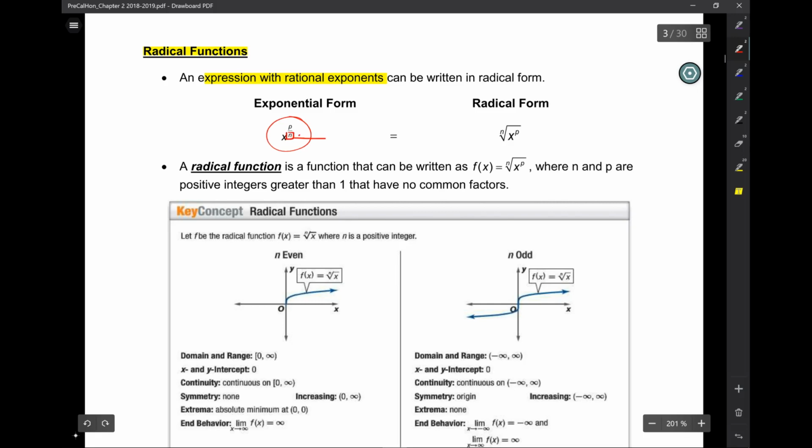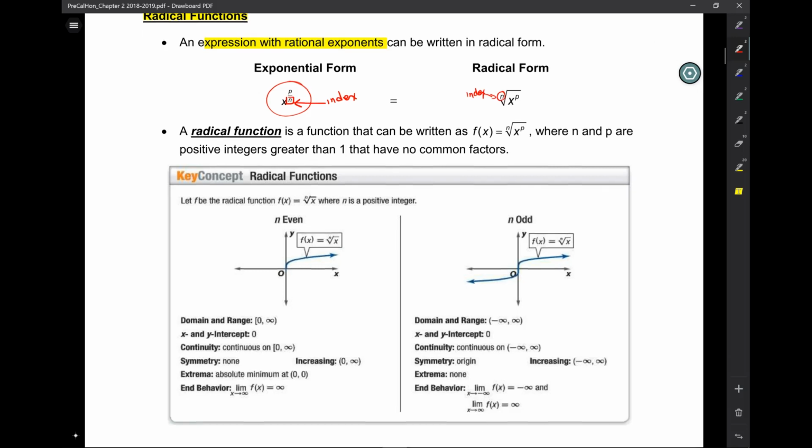This n is an index. When you write it in root form, that n goes inside the root here, the index, and then the p is the exponent. I know you guys know this.